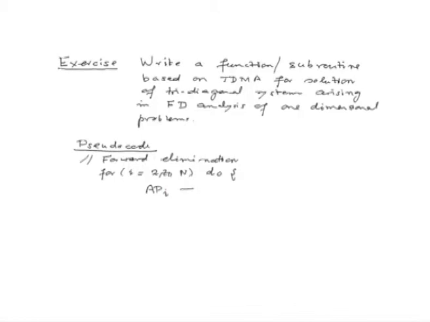So APi gets modified as APi minus AWi into AEi minus 1 divided by APi minus 1, and your Bi gets modified as Bi minus AWi into Bi minus 1 divided by APi minus 1.